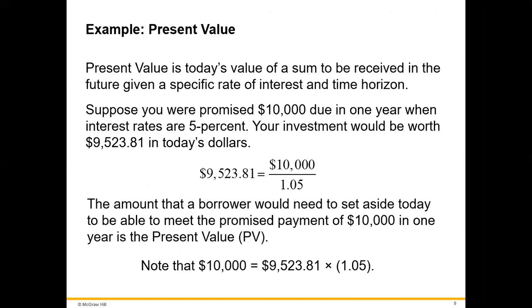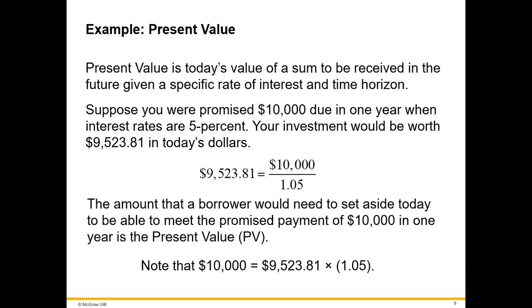Now, what if you know what you need at the end of 1 year, and you know how much interest you can earn, but you've got to find out, well, how much do I have to put away today at time zero to have this much money in the future, $10,000, when that money is going to be earning a 5% interest?